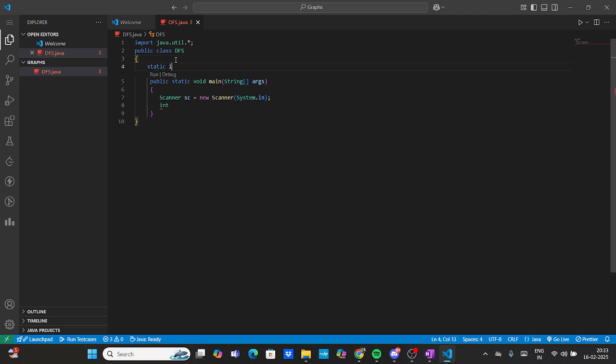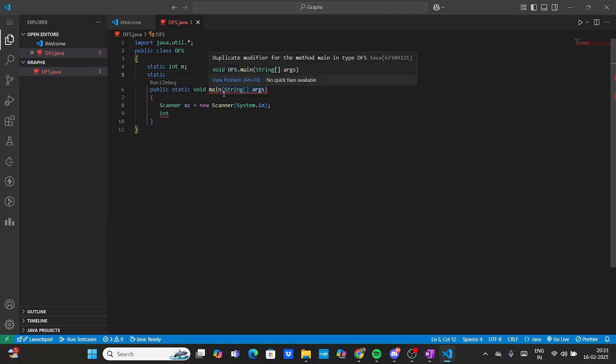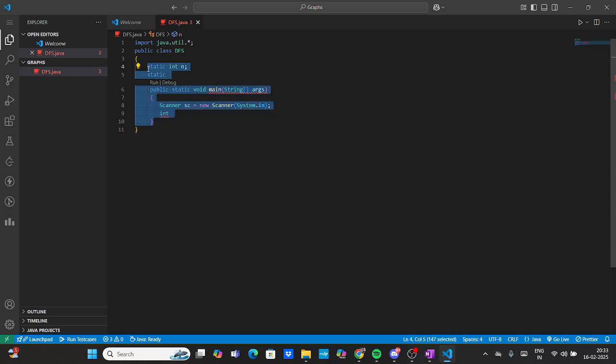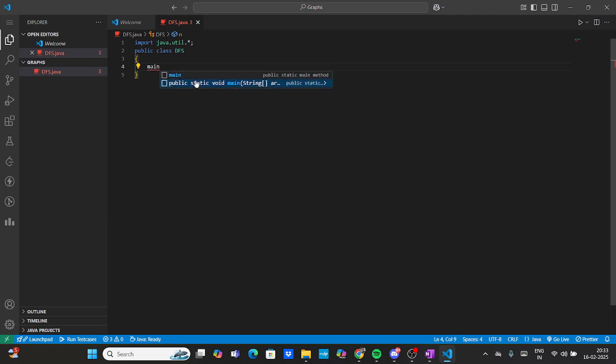Normal Python Laga. Def. Okay, okay. Let's focus on this. Duplicate modifier for the method main in type basis. Why, man? I somehow don't feel good with this sometimes.